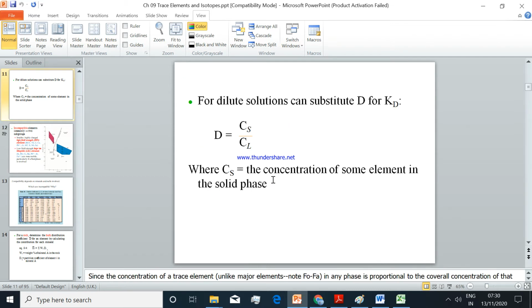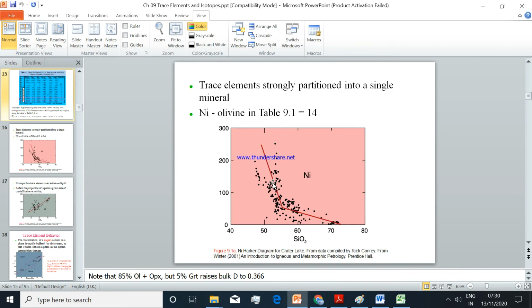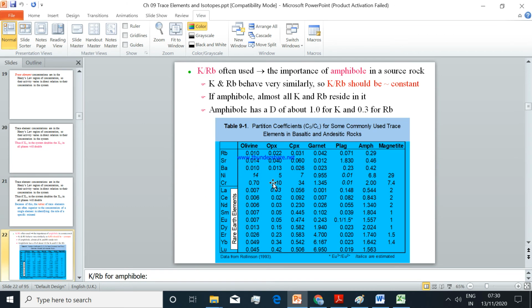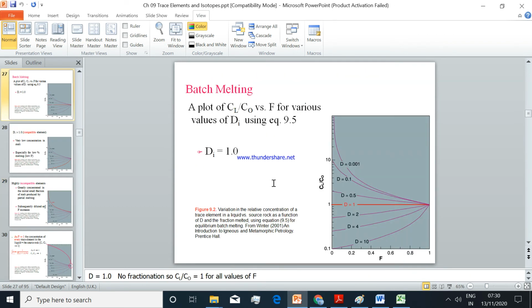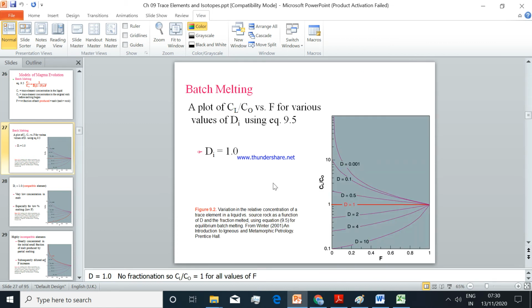So obviously, the higher the solid concentration, the higher the D value. That means the element is compatible with the mineral phase which is residing or crystallized in the system. If D is 0.001, that means the concentration of that element in the liquid is high.